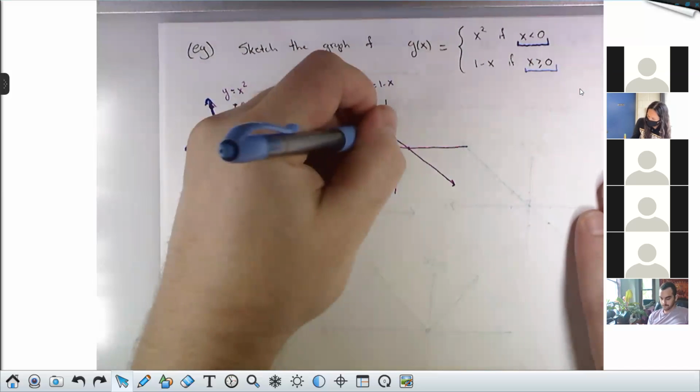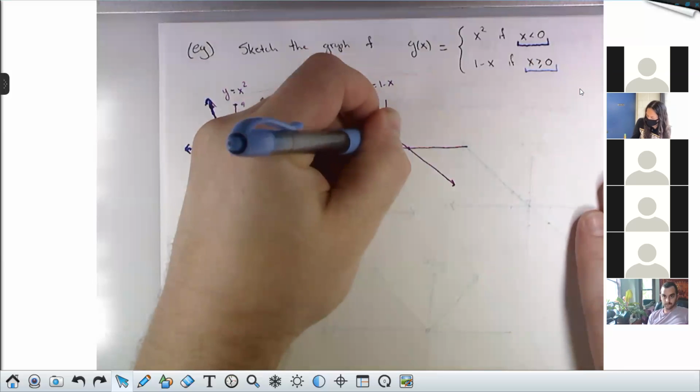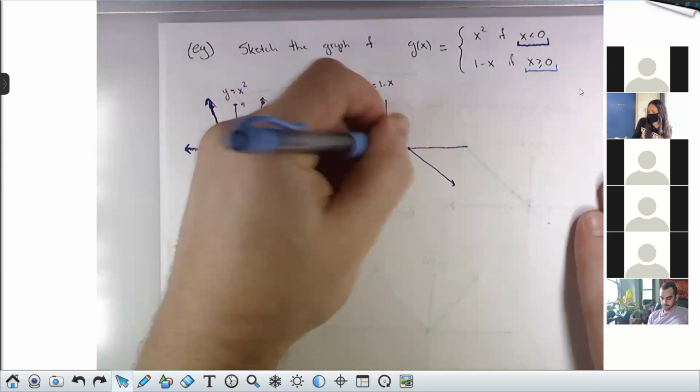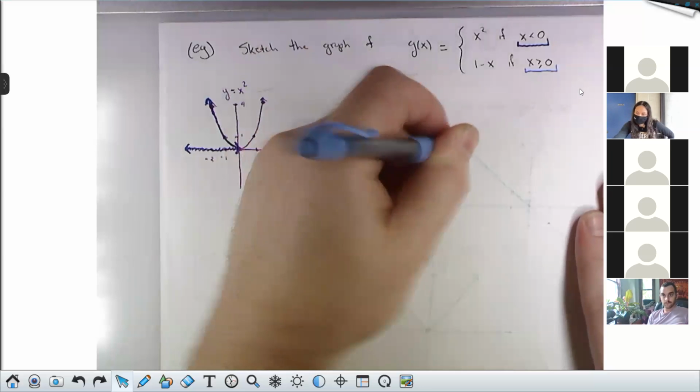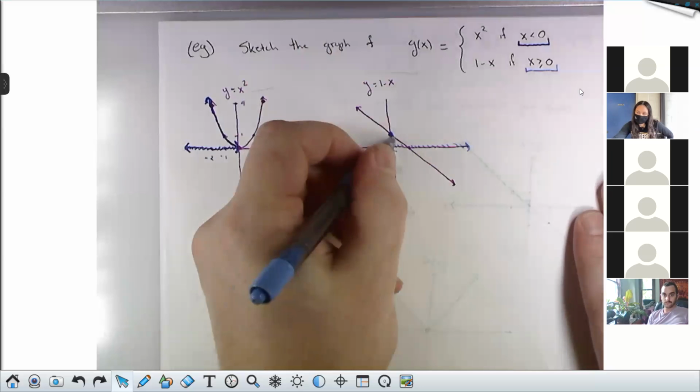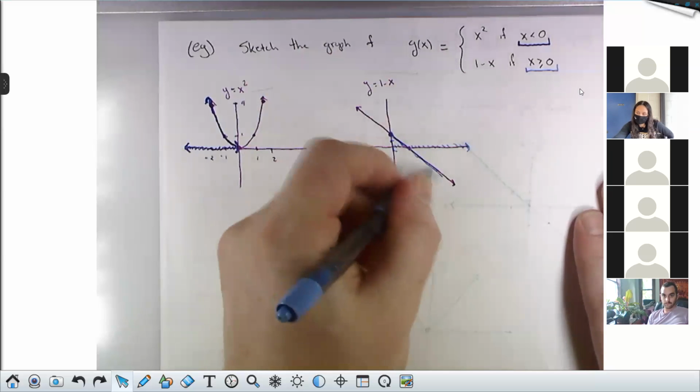So here I'll scroll down. Here are all of the x's which are greater than or equal to 0. And so the corresponding portion of that graph would be this part.